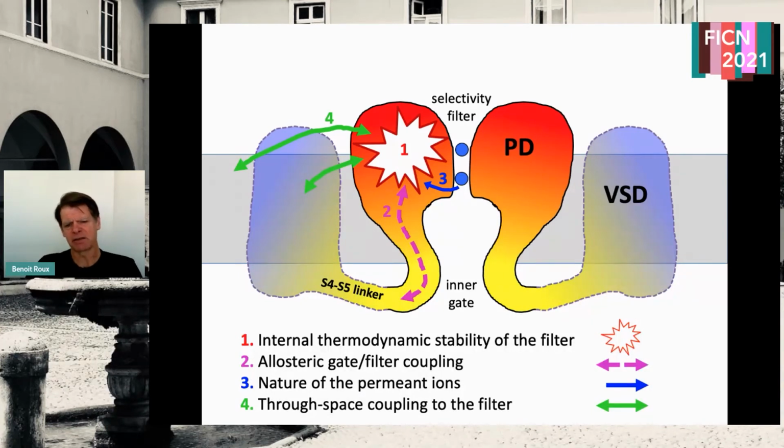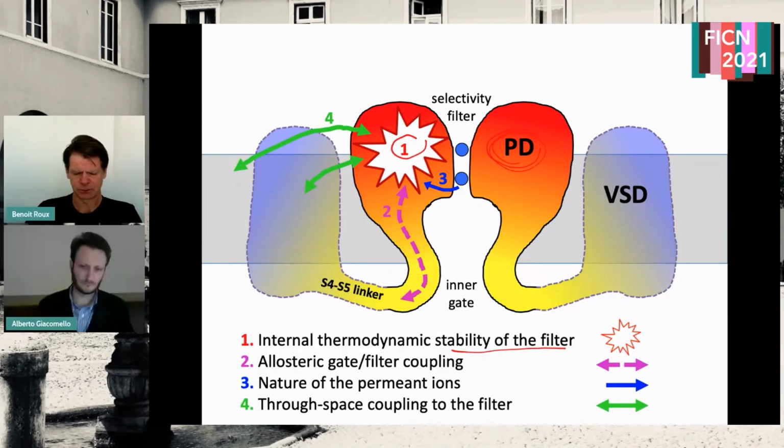And of course, it's affected by the stability of the conductive filter. And if you make a mutation close to the top of the pore domain, you will affect inactivation. The nature of the permeant ion, like if you change the permeant ion from potassium to rubidium to sodium, but sodium is not totally permeant, or cesium, you will affect the extent of inactivation, because the filter has to go from conductive to non-conductive, and that is definitely affected by the balance of binding of ions to the filter.